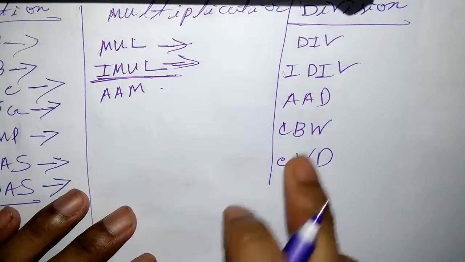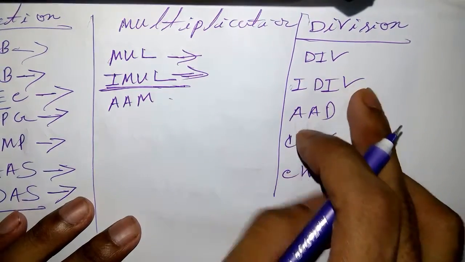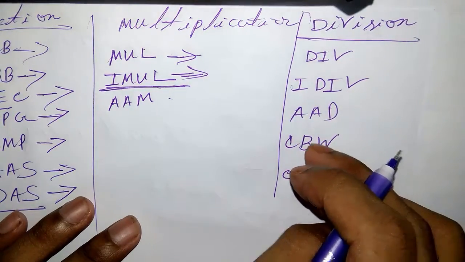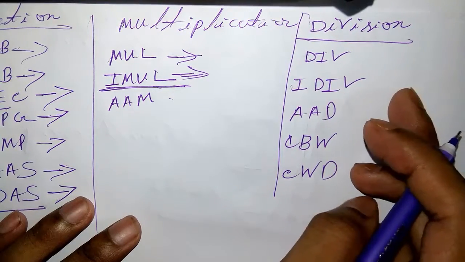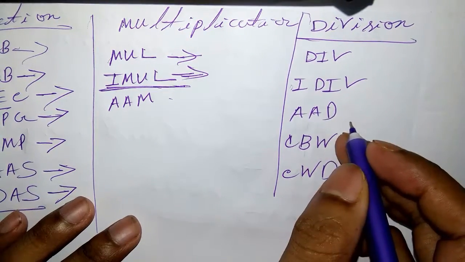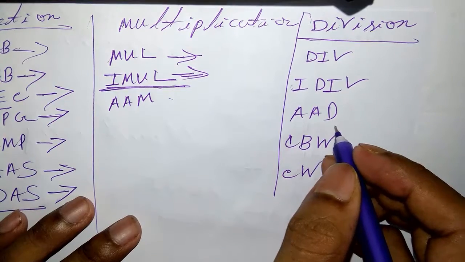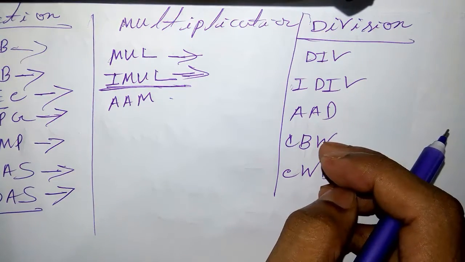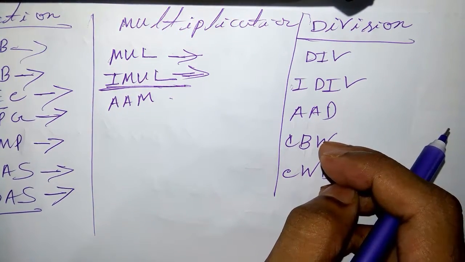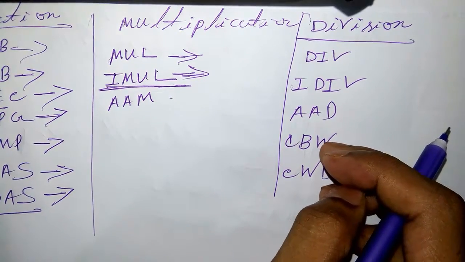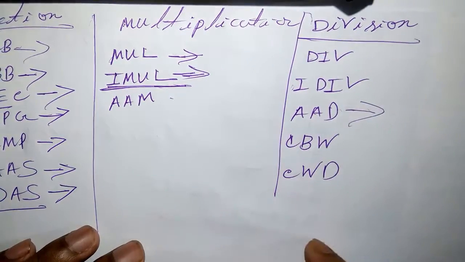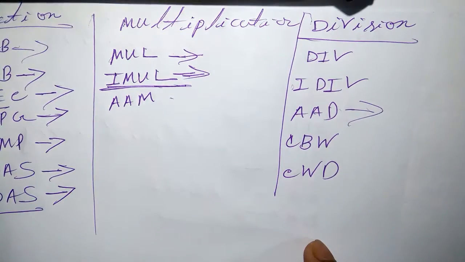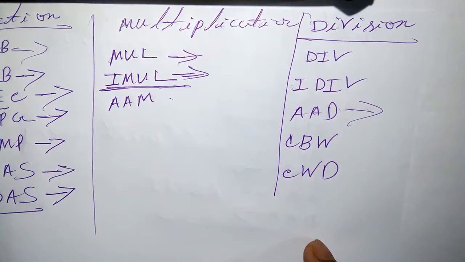Okay, so here DIV is used to divide an unsigned word by a byte or an unsigned double word by a word. Okay, IDIV is used to divide a signed word by a byte or a signed double word by a word. Okay, AAD is mainly used to adjust ASCII code before division.